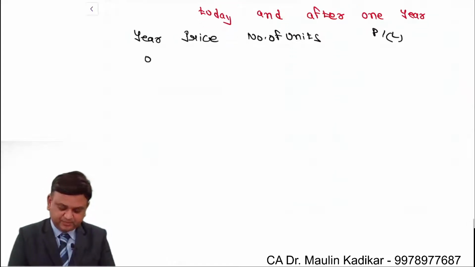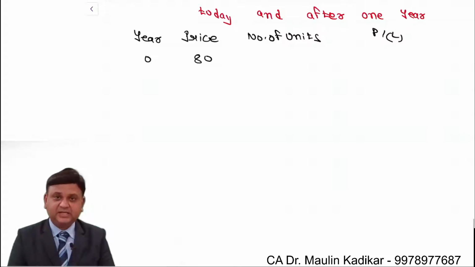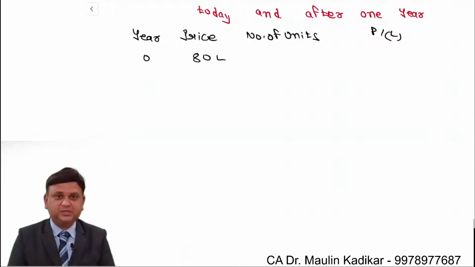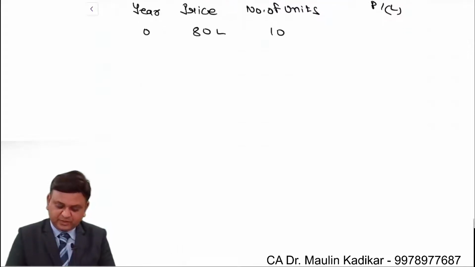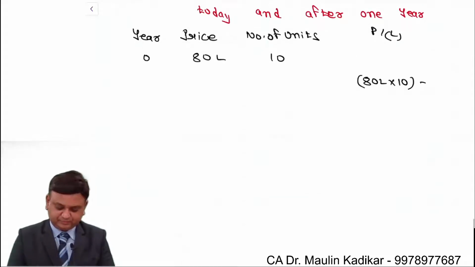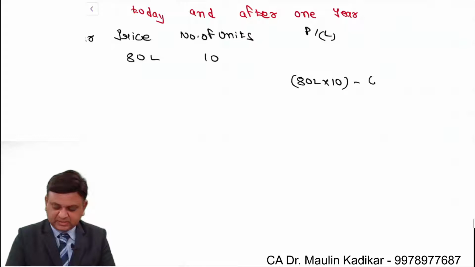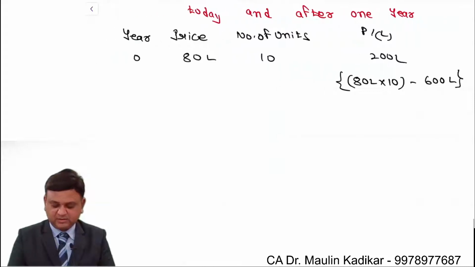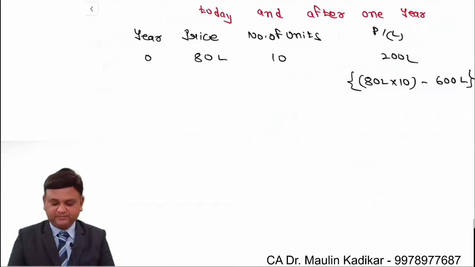Year 0, the price is 80 lakhs because for that there is no variation. Number of units are 10. What would be the profit or loss? 80 lakhs into 10, that is 800 lakhs minus 600 lakhs. That comes to an amount of 200 lakhs.